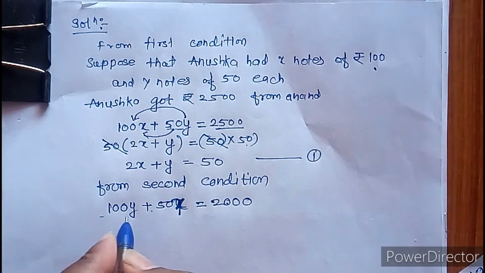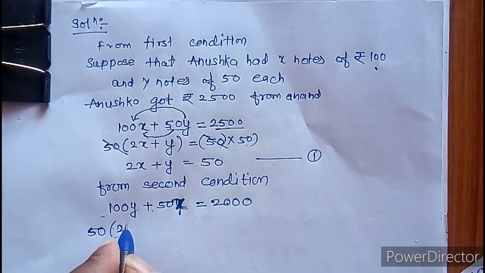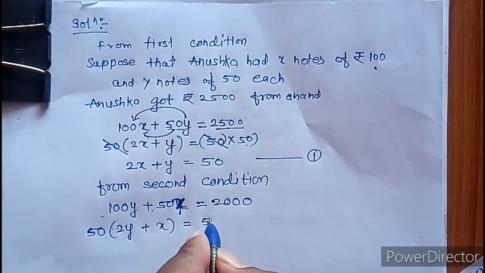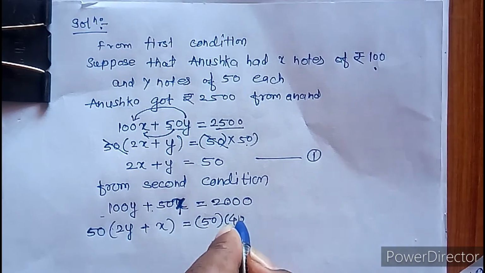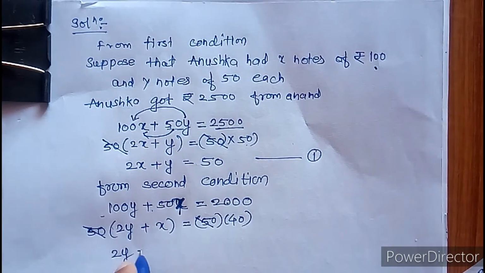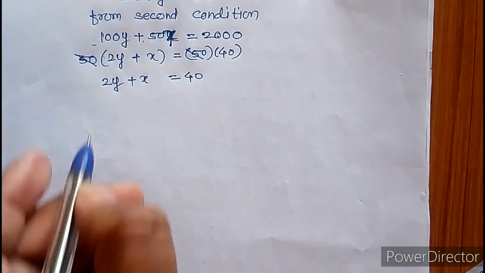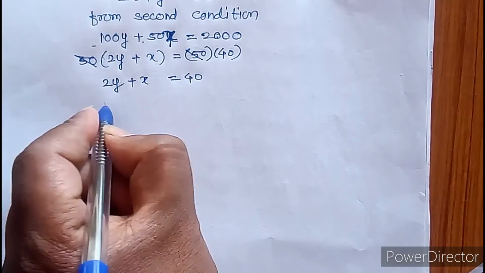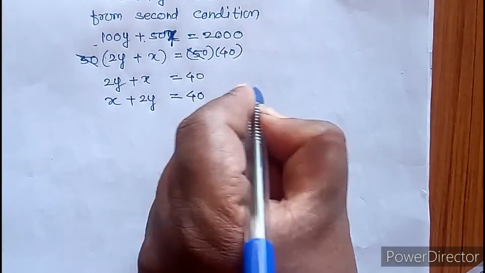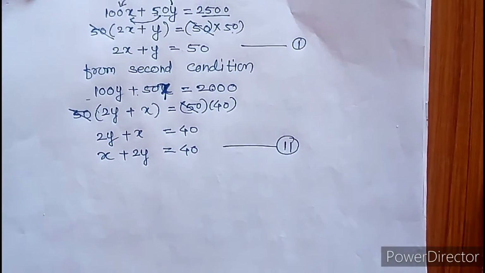We get this equation. Now here also 50 is common: 50 times (twice of y plus x) equals 50 into 40, the 50 and 50 get cancelled, we get 2y plus x equals 40. This can be written as x plus 2y equals 40, that is equation number 2.